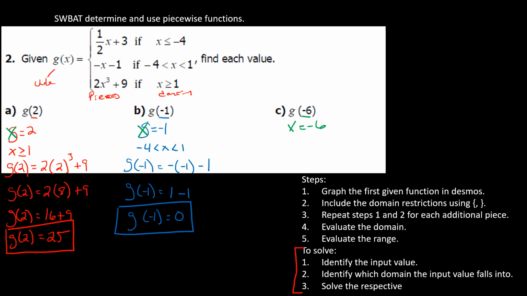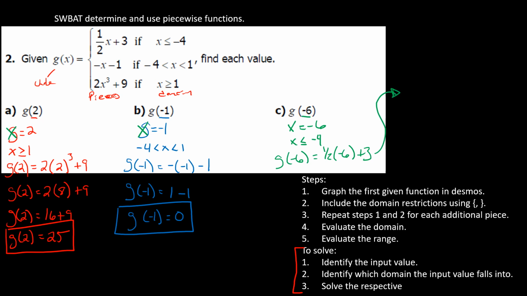We're looking at the first piece actually, is x less than -4? And yes, it is. So we're going to say x is less than or equal to -4. So we can substitute in there. We'll say g of -6 is equal to 1/2 times -6 plus 3.